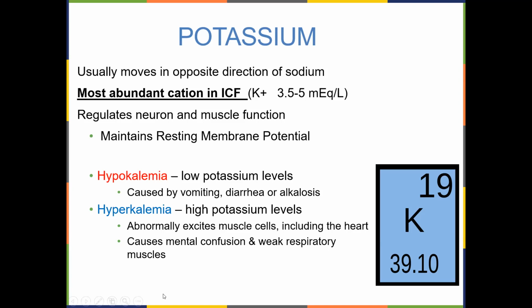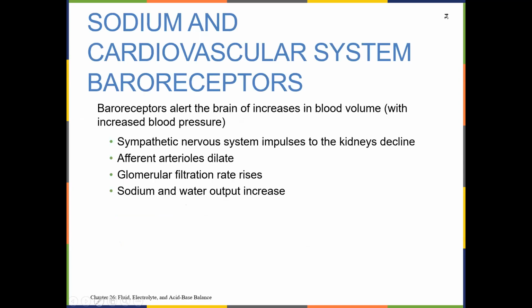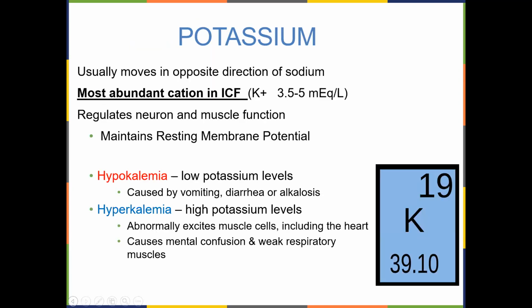So we pay very close attention to their potassium levels. We don't administer potassium without any kind of thought, because we don't want to get hyperkalemic. It's a much greater concern than being hypokalemic.